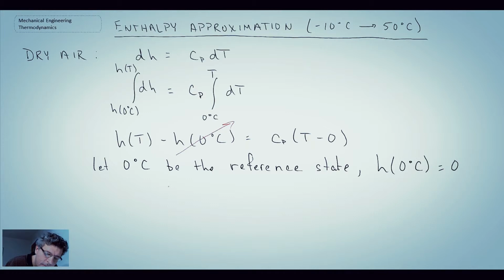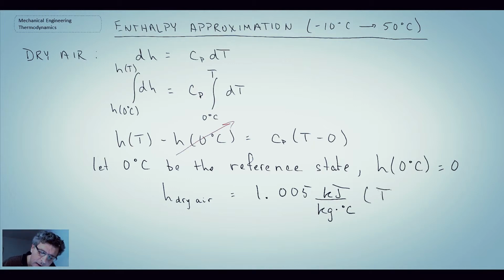And what we end up with is the enthalpy of dry air. Now notice the units: kilojoules per kilogram degrees C, multiplied by temperature also in degrees C. So that is something a little different from what we've seen before.